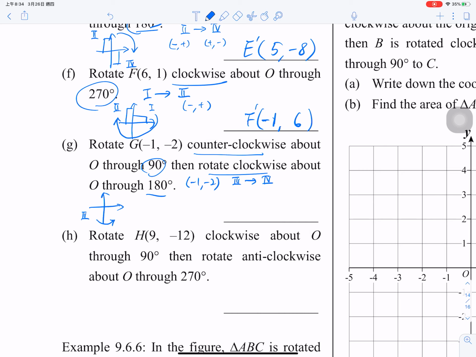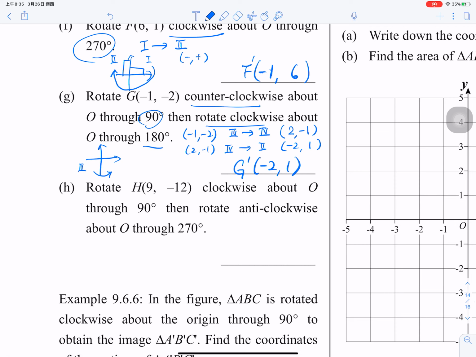So it becomes positive, negative. So 2, negative 1. And how about the last one? From quadrant 4 to quadrant 2. 2, negative 1 becomes negative 2, 1. So finally, the image of G is negative 2, 1.